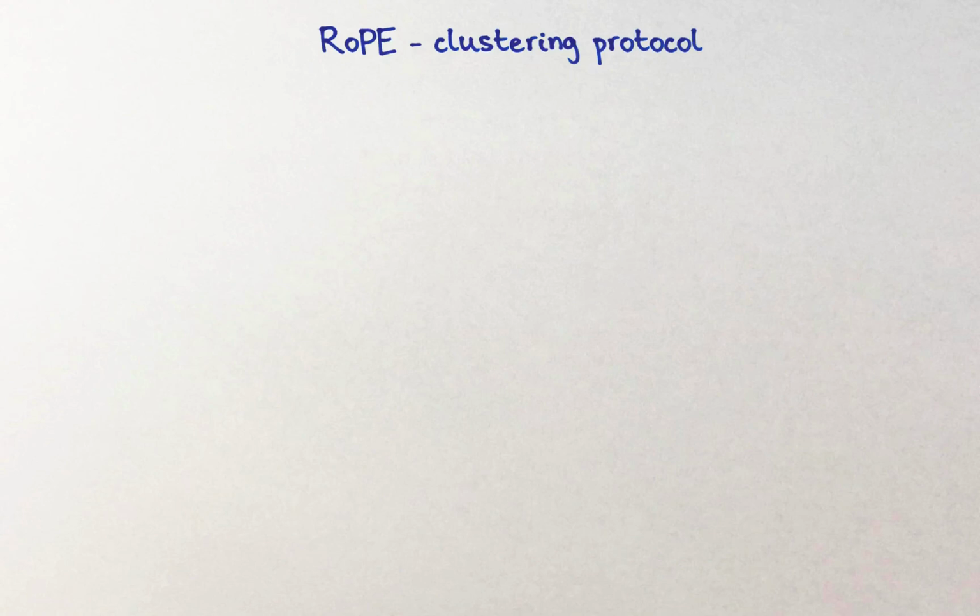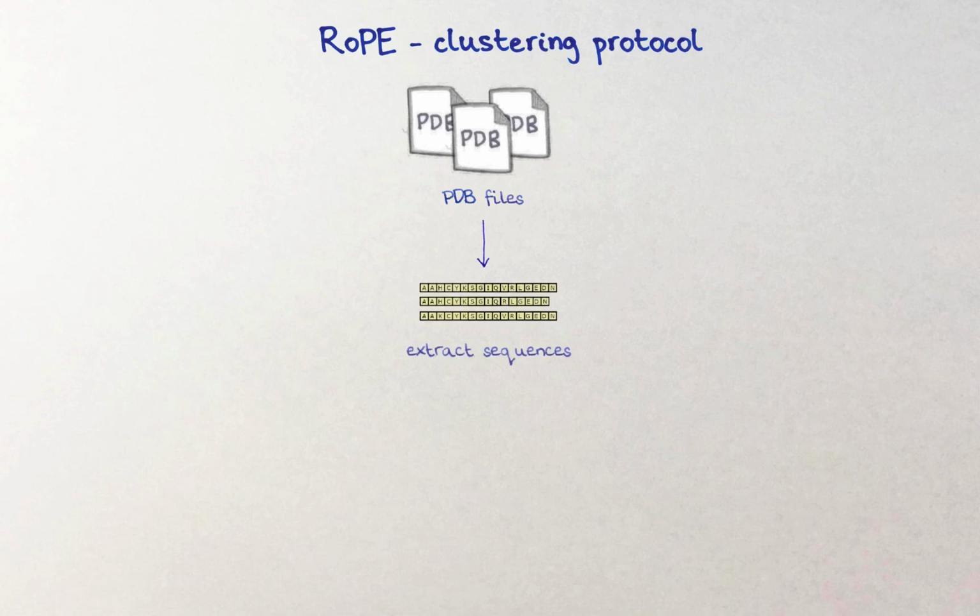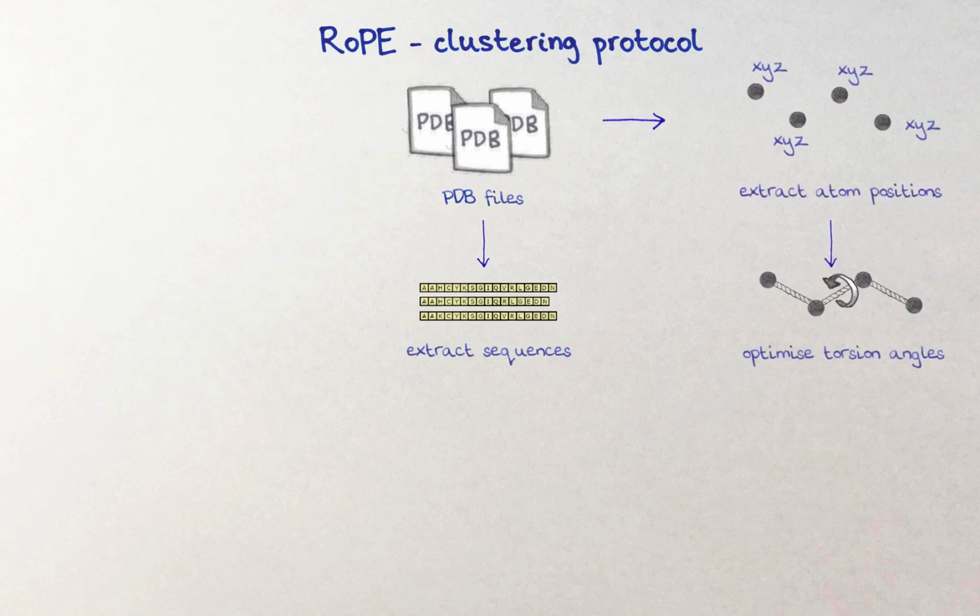Before we go back to the results, I just want to recap what RoPE is doing behind the scenes here. We've loaded in a bunch of PDB files, and from those we can extract the protein sequences. We also have the atom positions, and we can use those to optimize the torsion angles.